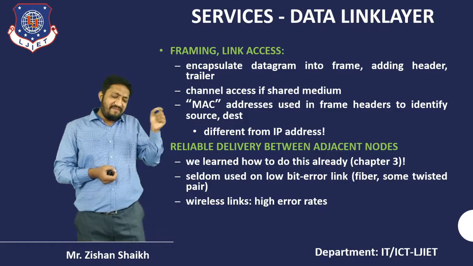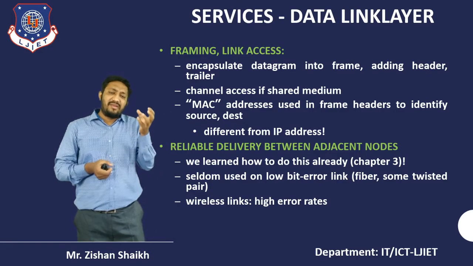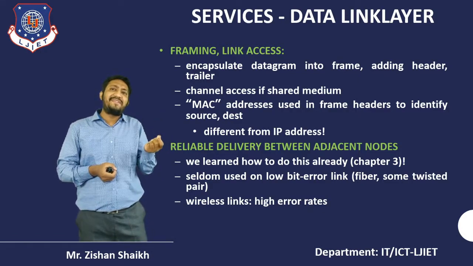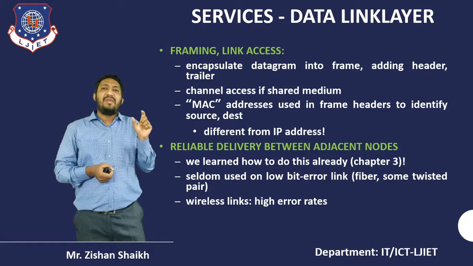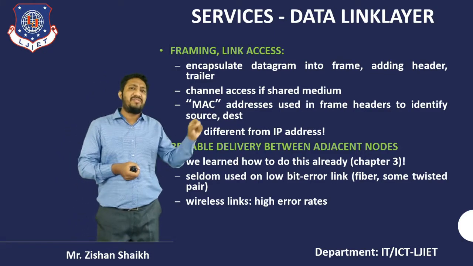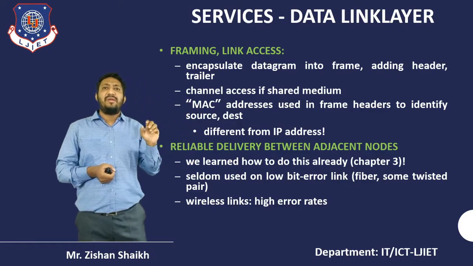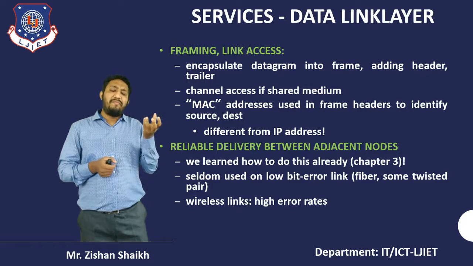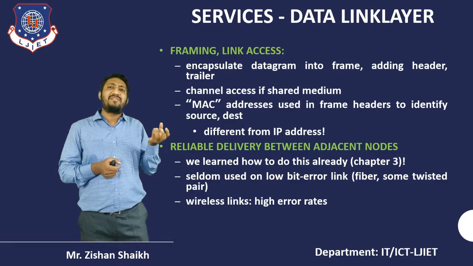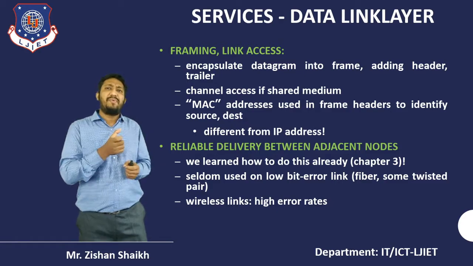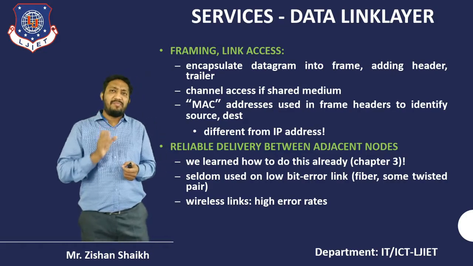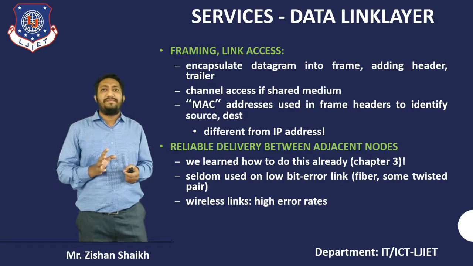In the same way, when the data goes from the network layer to the data link layer, it adds its own header information. That header information identifies the packets from source to destination and also at the receiver side. When a number of machines are using those packets or frames and multiple access protocols are used, that is when it is useful. So the data will be encapsulated and used.